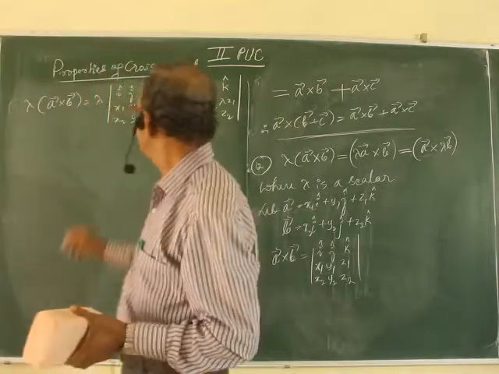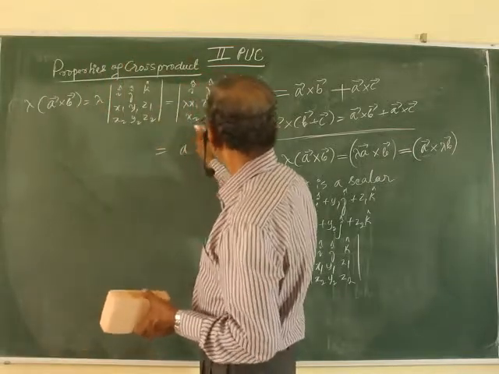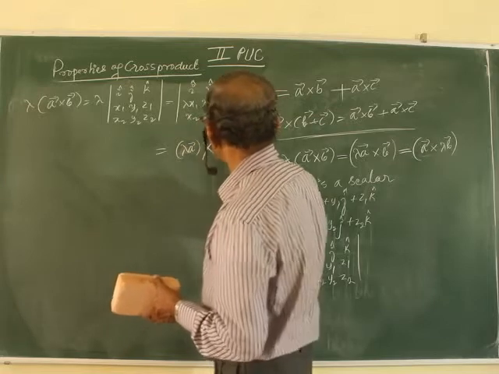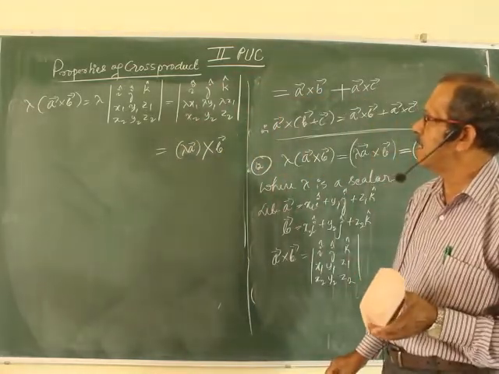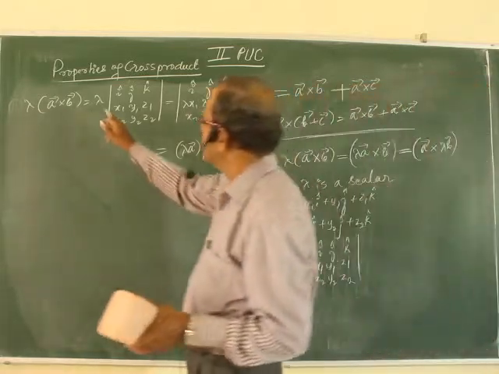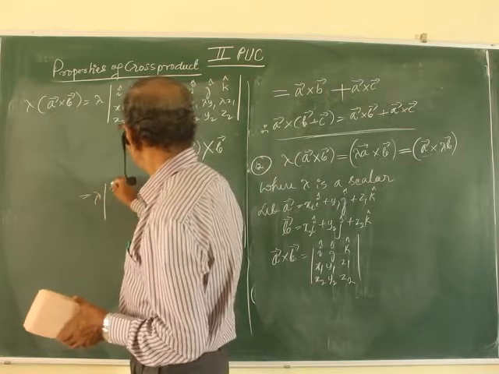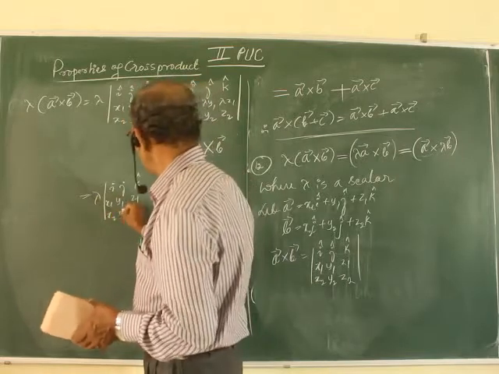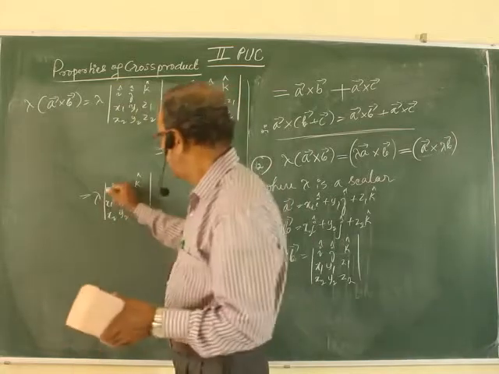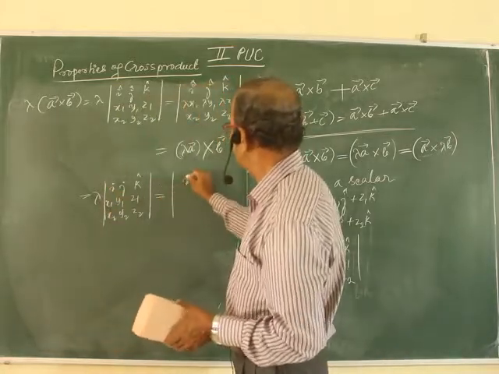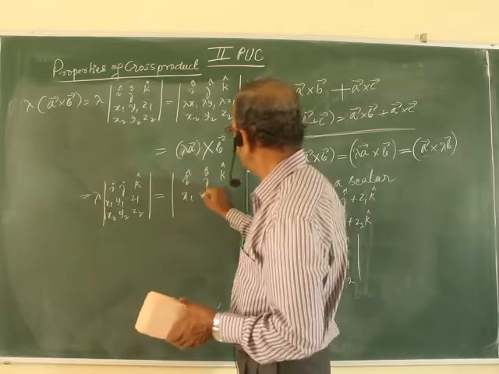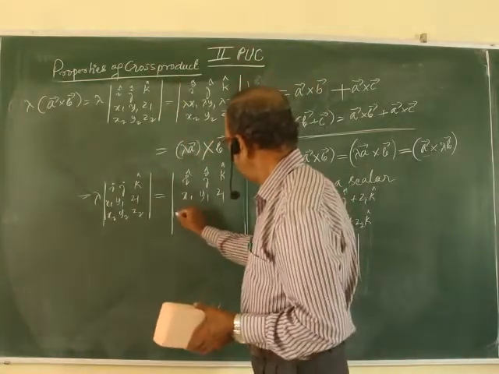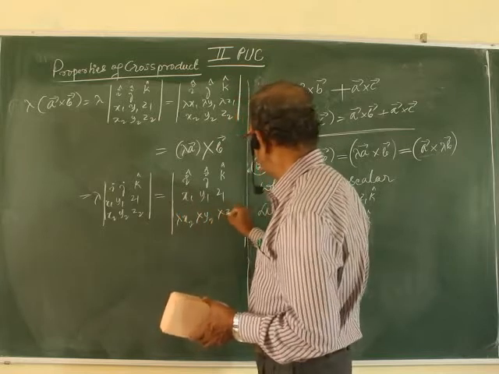That is a property in the determinant topic. But remember, what is this? This one is lambda A cross B. The second row is actually lambda A. But you can multiply this one by lambda into i j k, x1 y1 z1, x2 y2 z2, which can also be written as i j k, x1 y1 z1 as it is, because you can multiply any row or column and the value will never change, lambda x2, lambda y2, lambda z2.